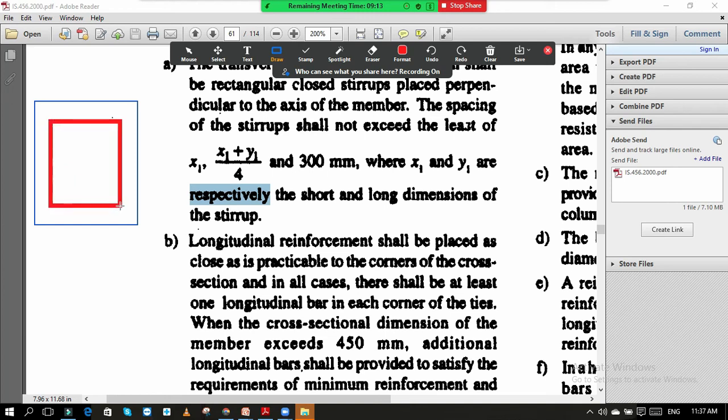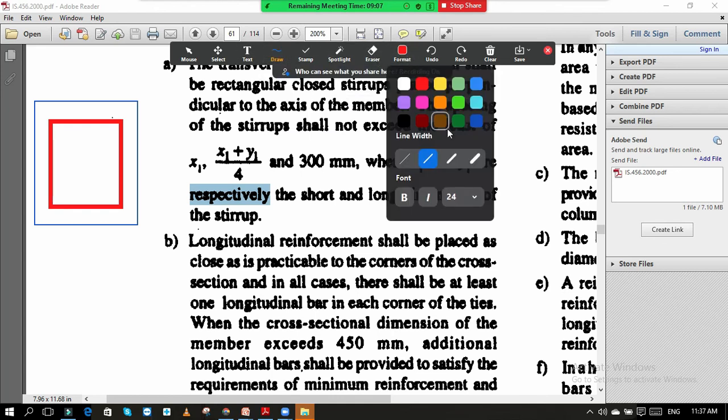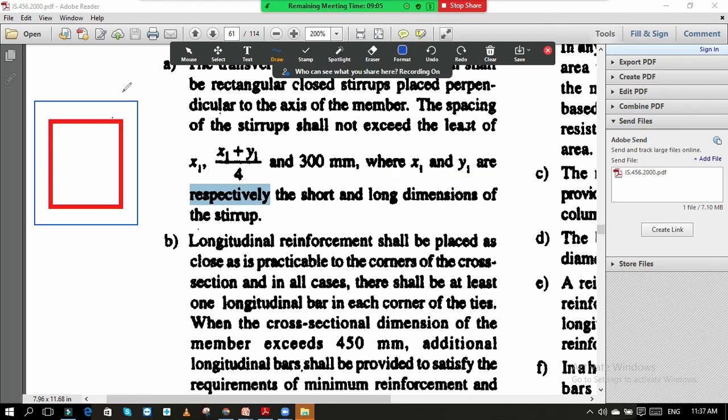See, this is our stirrup. So now as you know, this distance, this is 300 mm. This total it is 600 mm. Depth total किती है 600 है. Okay, this is known to you. So what is x1 and what is y1 now?